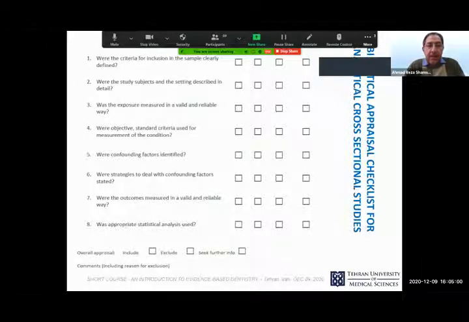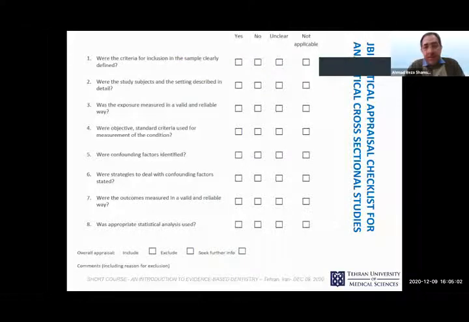The first item for cross-sectional studies is: were the criteria for inclusion in the sample clearly defined? It means eligibility criteria.